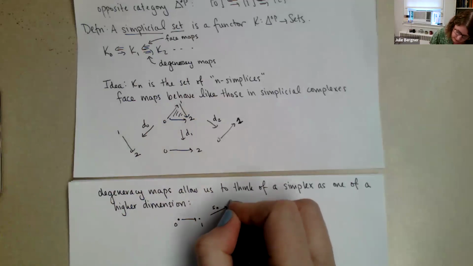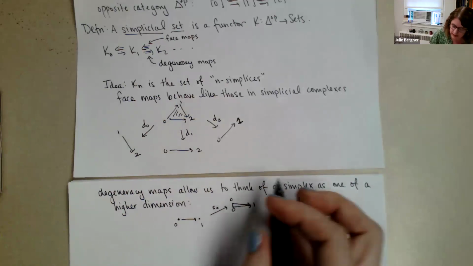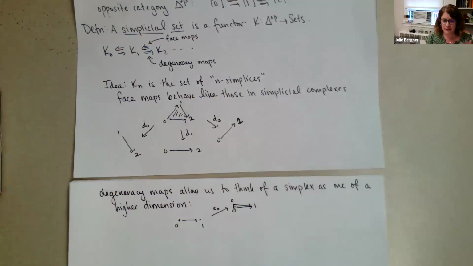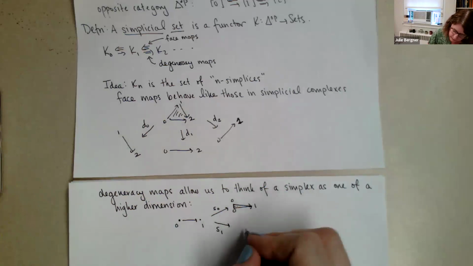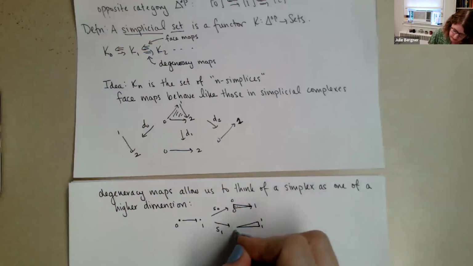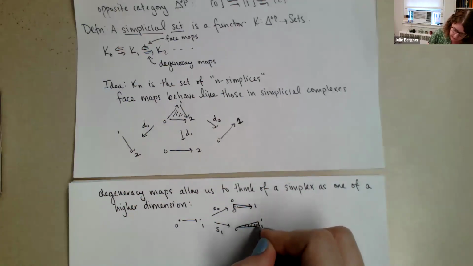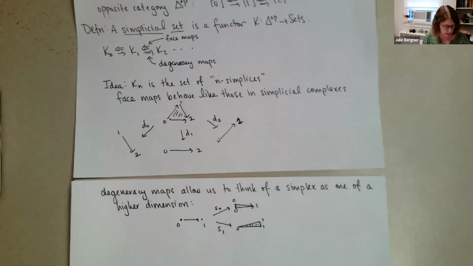So I double up 0 and get a skinny 2 simplex. And then S1, the other one, I think of as doubling up the 1 over here. So I have a 2 simplex like that.